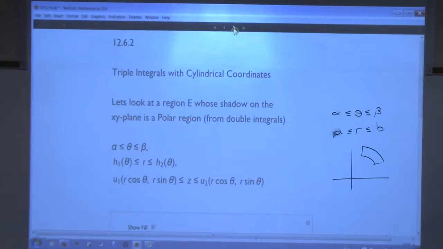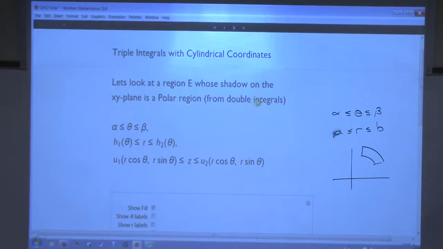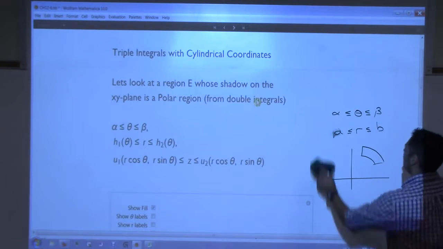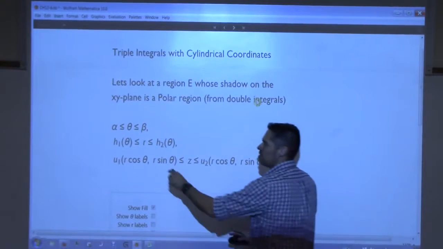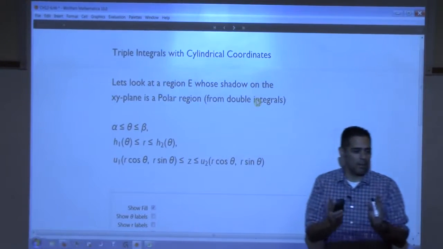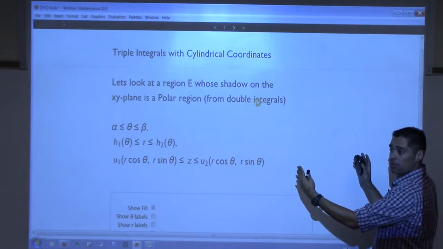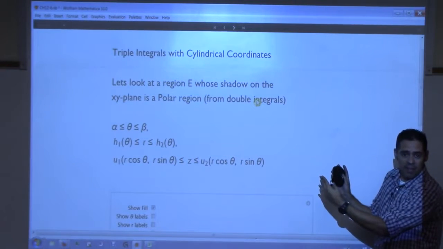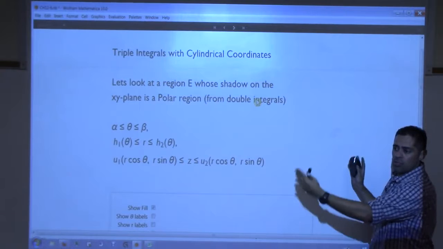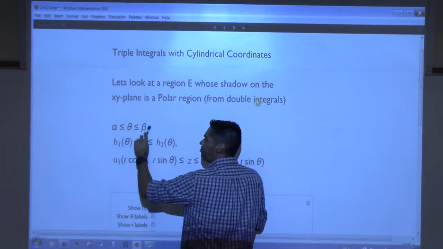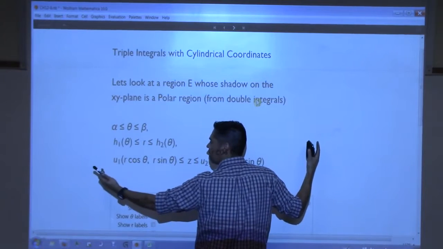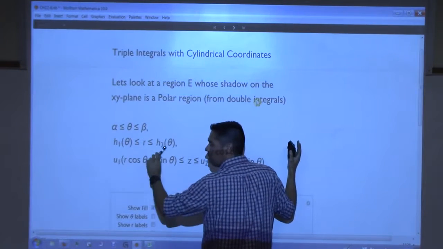So how does this help us in terms of doing triple integrals? Well, nothing changes in terms of the double integral. If you think of a triple integral as a double integral with one additional integral inside, then the outer 2 integrals don't change. You still have theta as the outer integral. The next one in is going to be r.